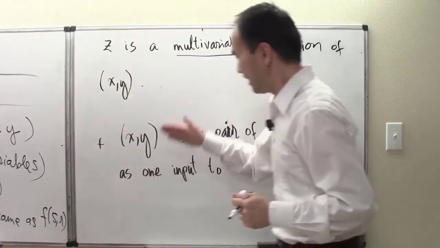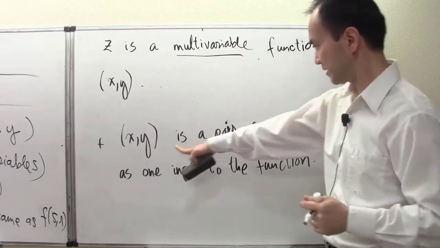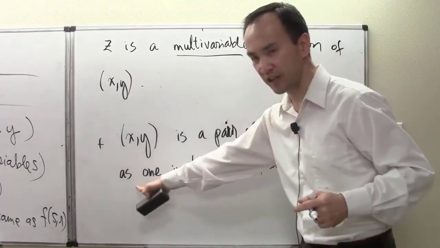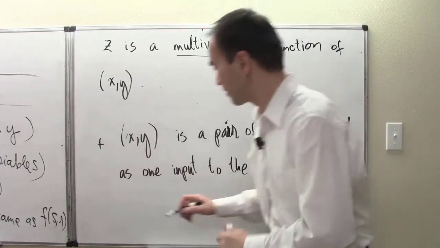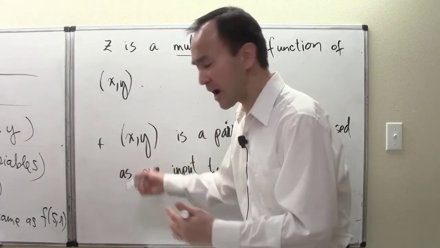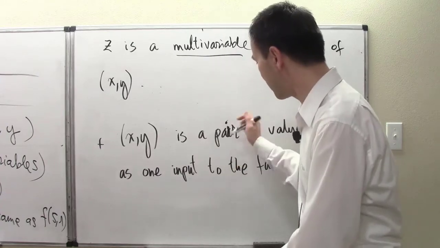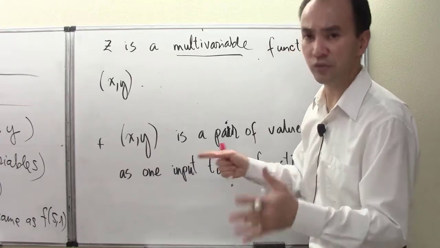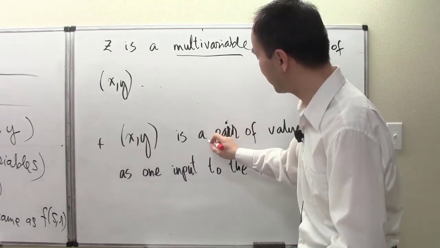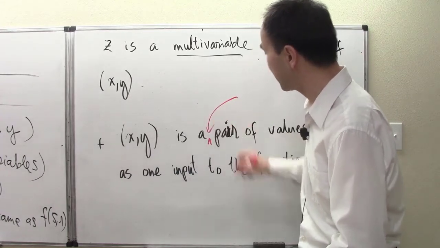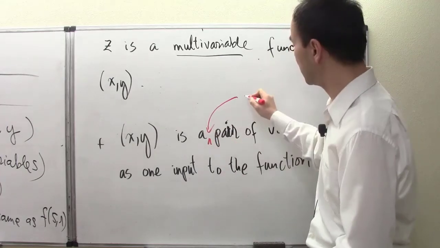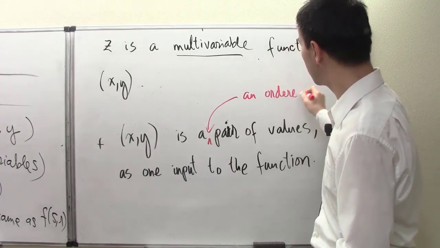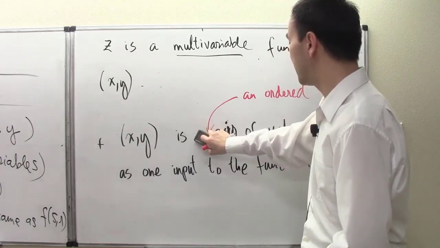Back on this board, x and y is a pair of values, and we use it as one input. We can even add an extra note here, that it's not just a pair, it's an ordered pair of values.